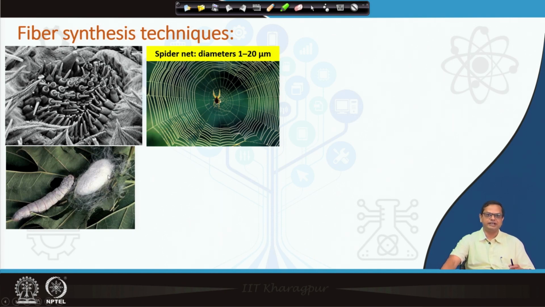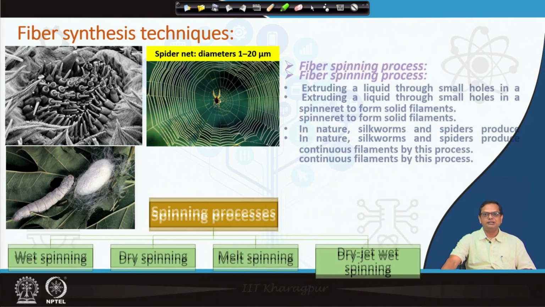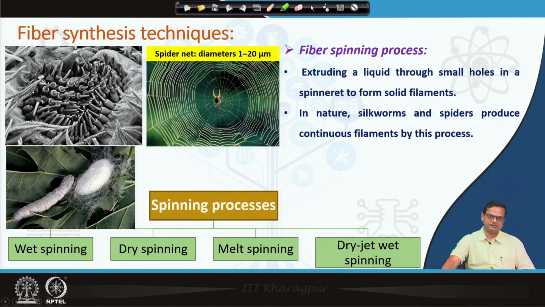The same thing happens in the silkworm, where you get the cocoon, and from there you get the silk fibers. Ultimately, based on this process, the fiber synthesis techniques were developed and it is called the spinning process.